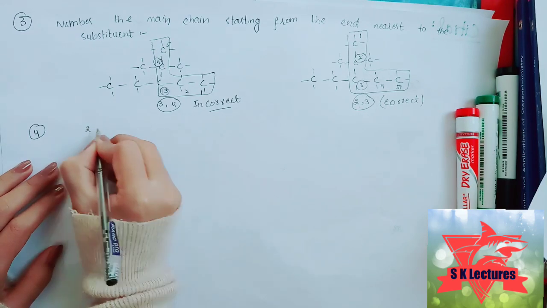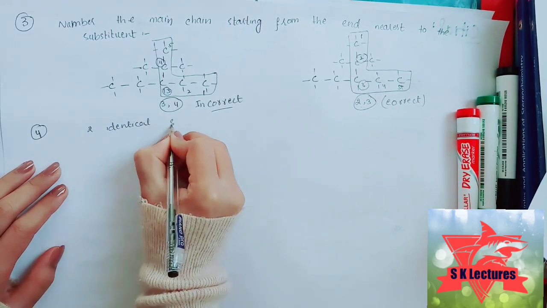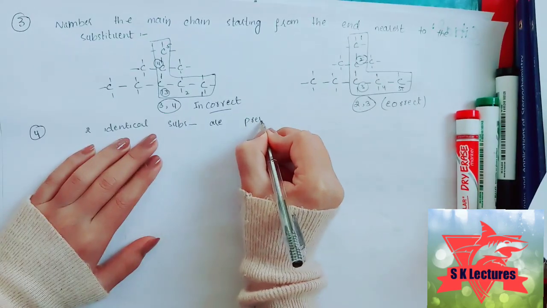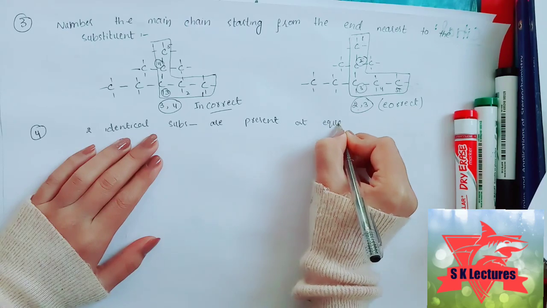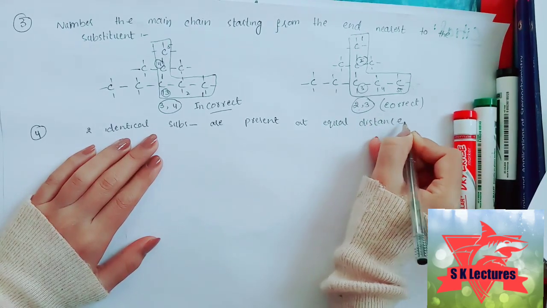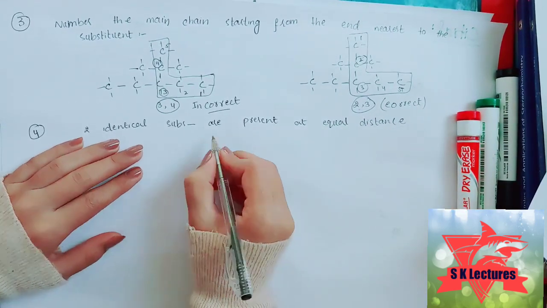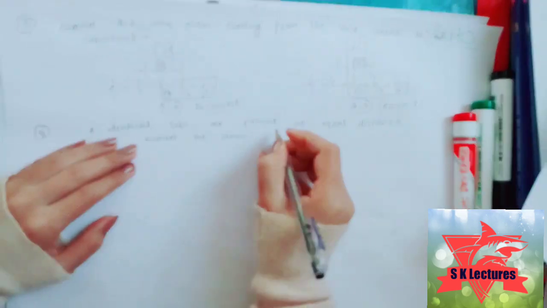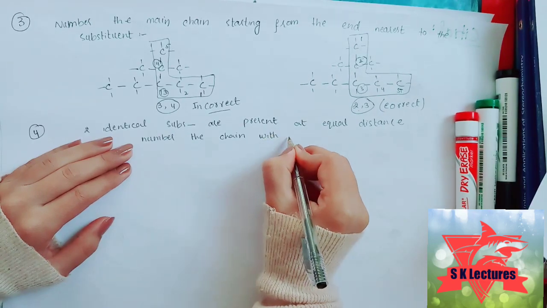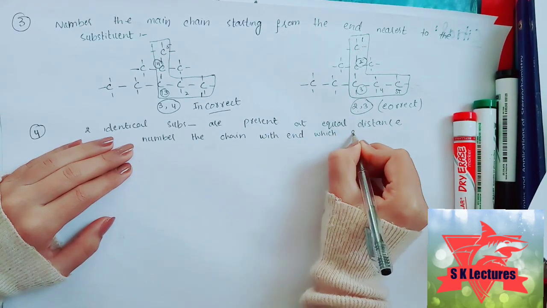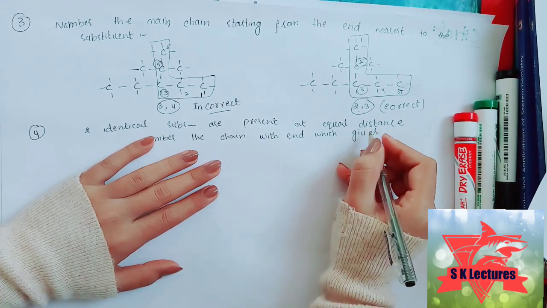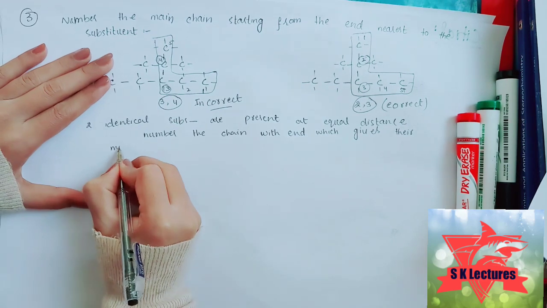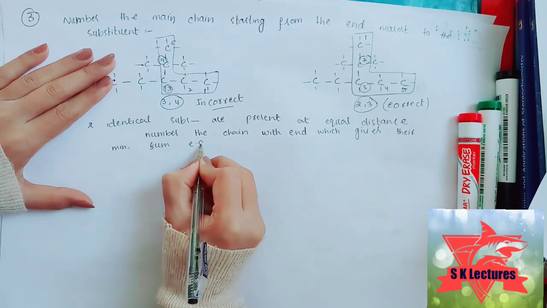Now for the fourth rule, this is also a numbering rule, in which we see that when 2 identical substituents are present but they are at equal distance from either end, the numbering of the chain will start with the end which gives the substituents the minimum sum.